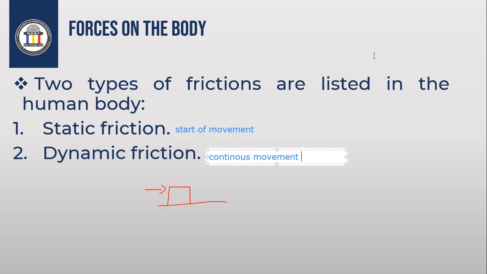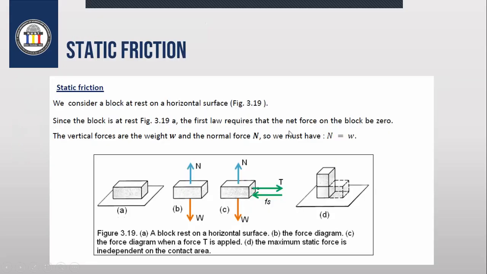Okay, if we start here, for example, you have this block, and if it is at rest, according to Newton's first law, we have two forces applied on it. We have the normal force applied up, and the weight of the block applied down, but each one cancels the other, so there is no net force applied.